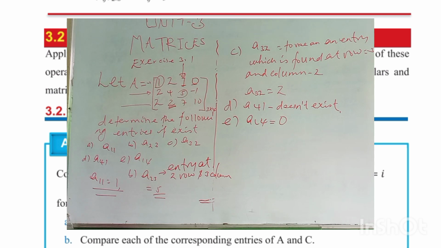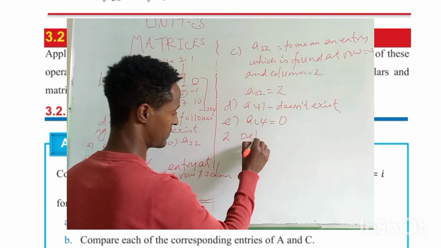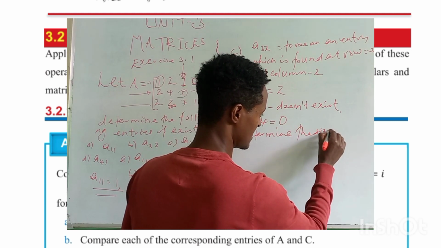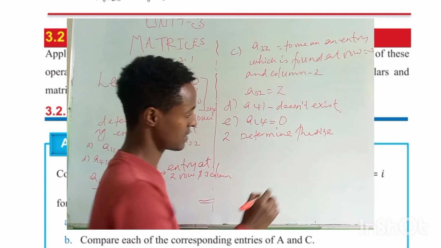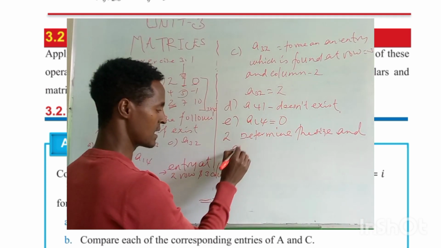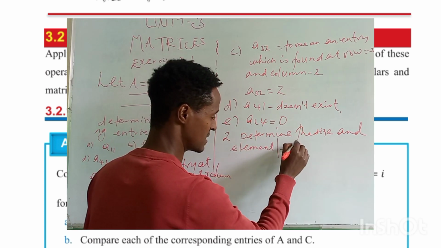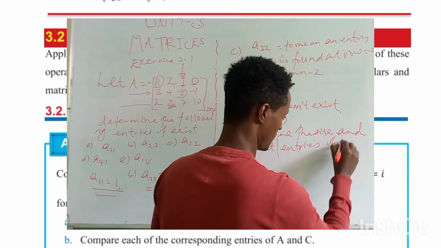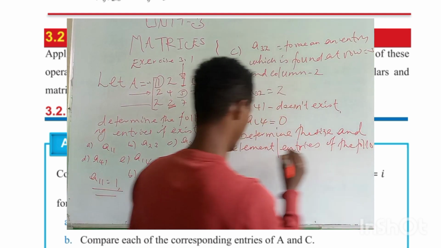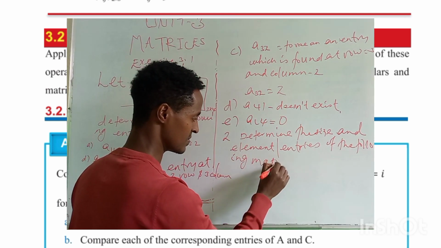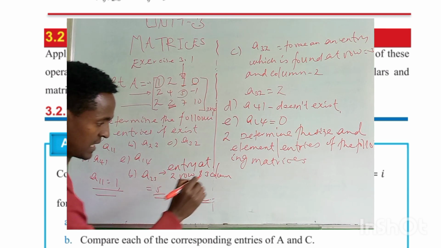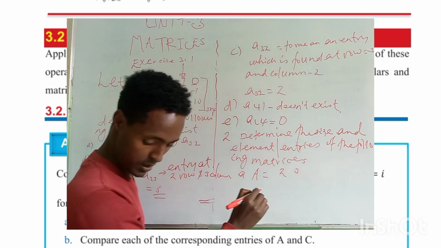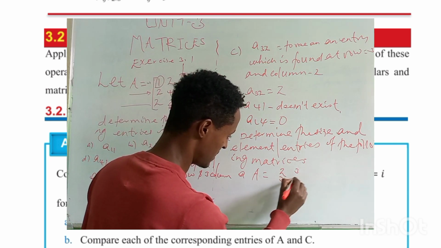Let me see question number 2. Question number 2 says to determine the size and elements, or entries, of each of the following matrices. Question A: A is a matrix given in the form 2, 3, 3, 7, 1, 1.